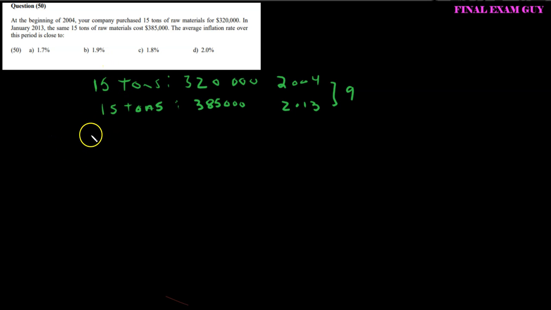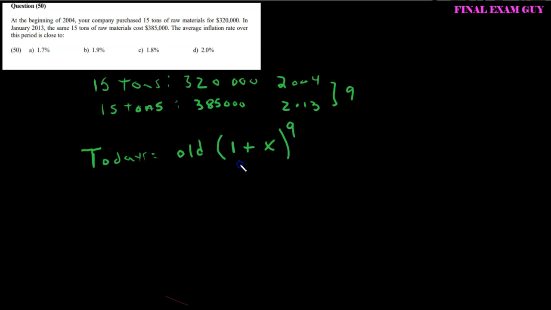So the formula for this is the future, so today's value is equal to the old value multiplied by the factor that accounts for inflation. So that's usually 1 plus the inflation rate, we'll call it X, to the power of the years that have gone by, 9.